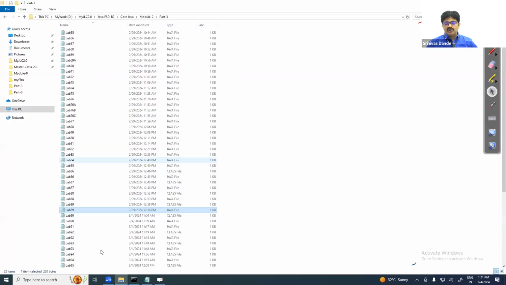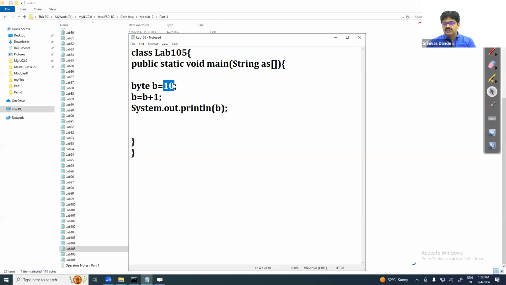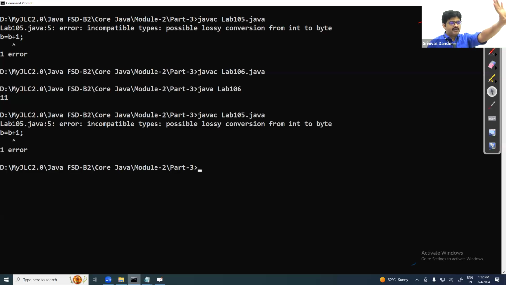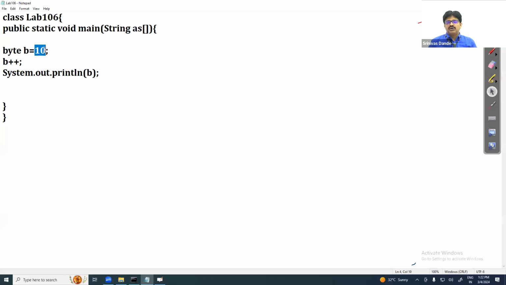I'll do one more 105, and instead of 10, I'll give 127. Whatever the value, byte plus integer is an integer. 105 is integer to byte conversion, which is incompatible types. Next, in 106 also I'll give 127 only.